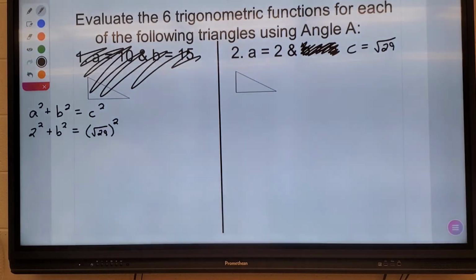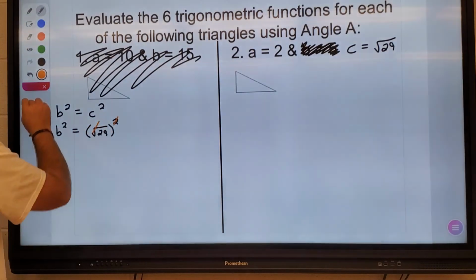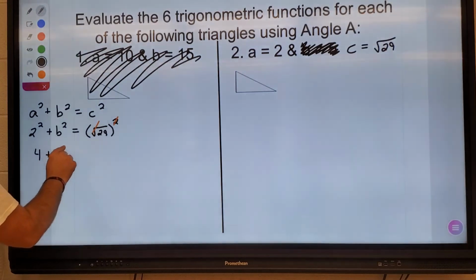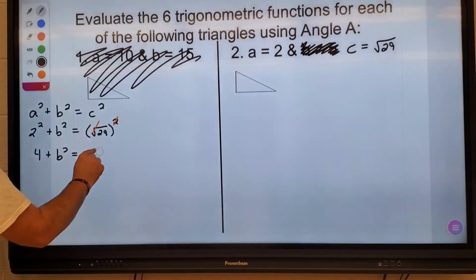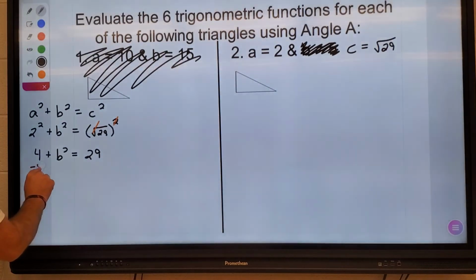Okay, and remember again, when you square a square root, the square root and the square just cancel each other out. So here, this and this will cancel. 2 squared is 4 plus B squared equals now just 29. I'm going to solve for B, so I'm going to subtract 4 on both sides.